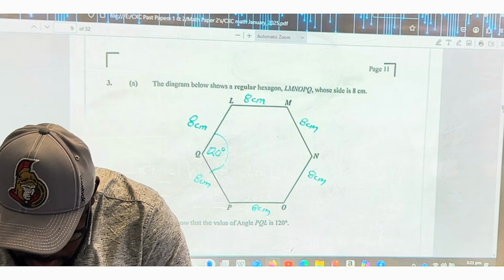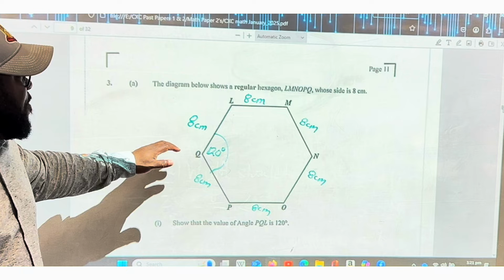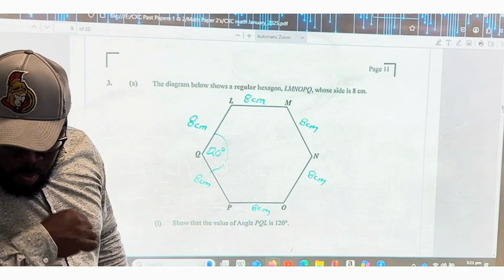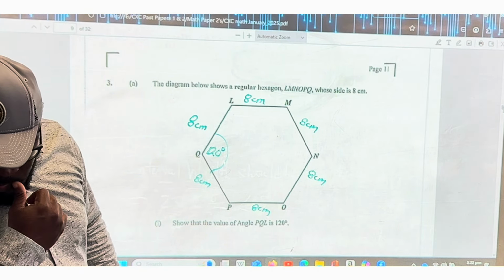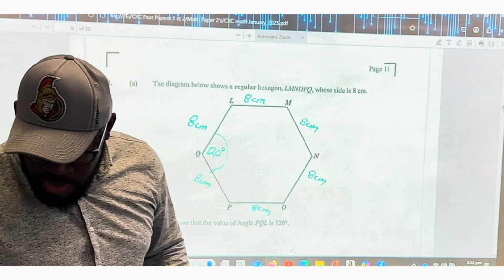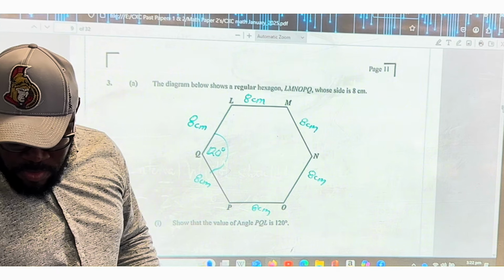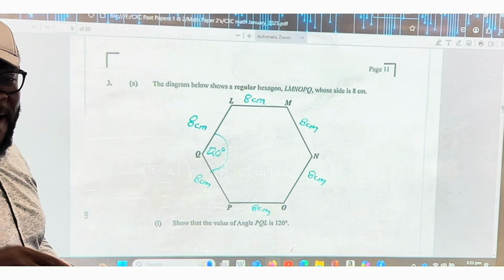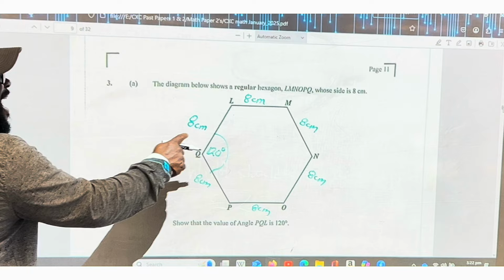Okay, but remember the formula I gave you for the polygons? It's n take away 2, for a hexagon and a pentagon.